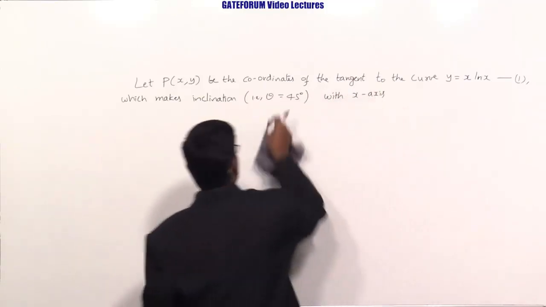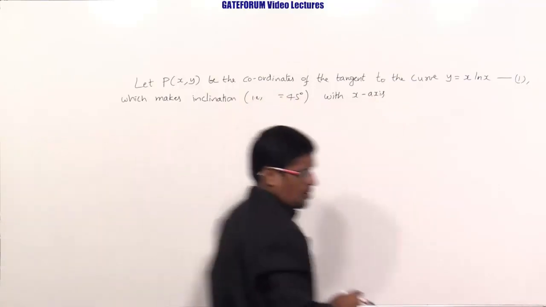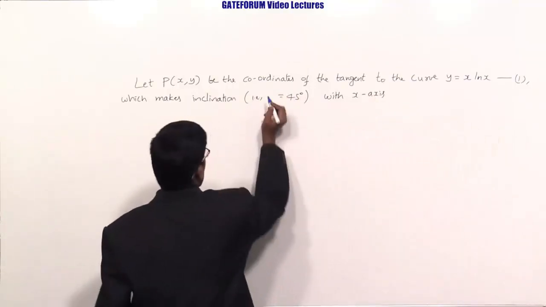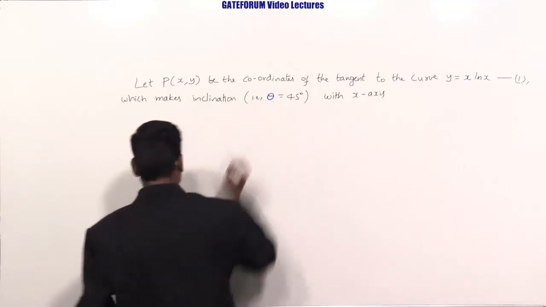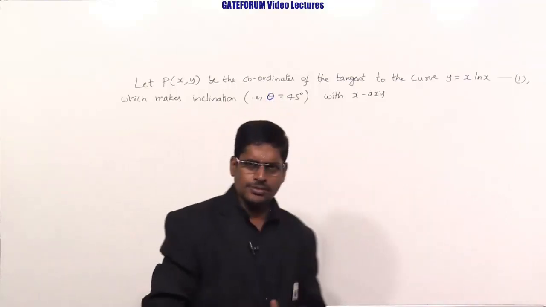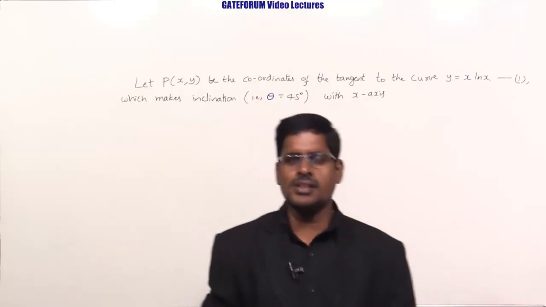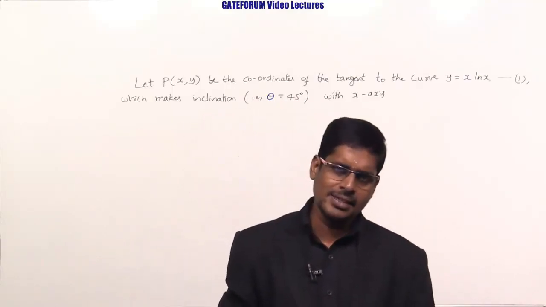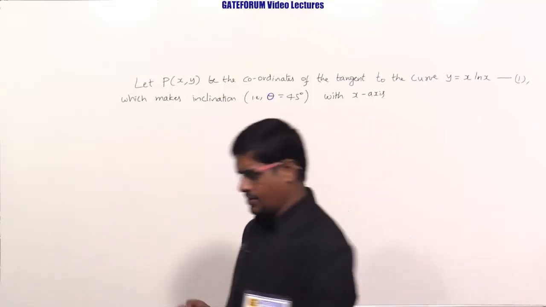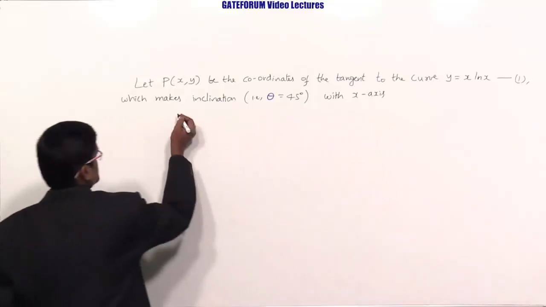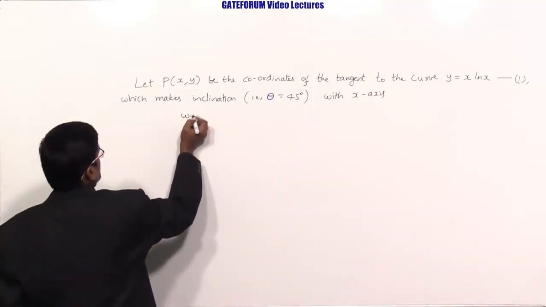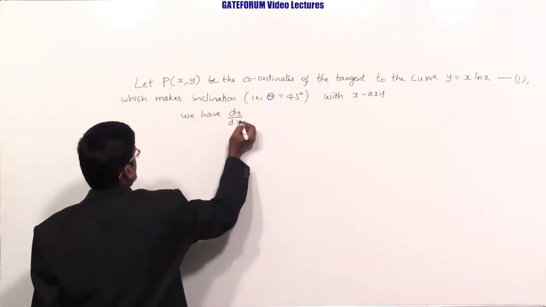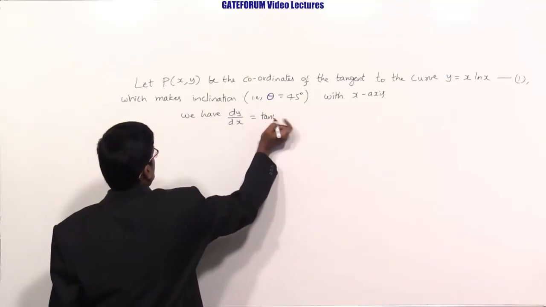So according to coordinate geometry along with the differentiation related topics, this is theta. So slope of the tangent to the curve is nothing but dy by dx. If the tangent makes an angle theta, then the slope of that tangent line to the curve is tan theta. So we have dy by dx is equal to tan theta.